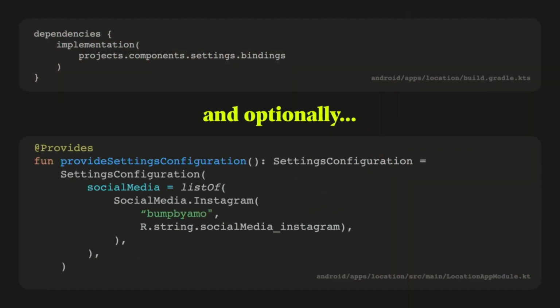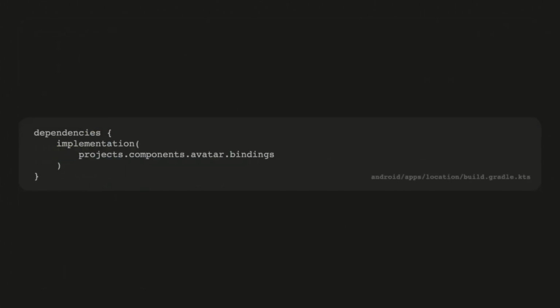So for instance, in the case of settings, you need to provide some settings configuration to define what opening the social networks means for this app. And this is basically the only code that you need to write, okay? And as you probably know, when using DI like this, everything is compiled at compile time. So once you have that, it's super easy to do things that are very modular.